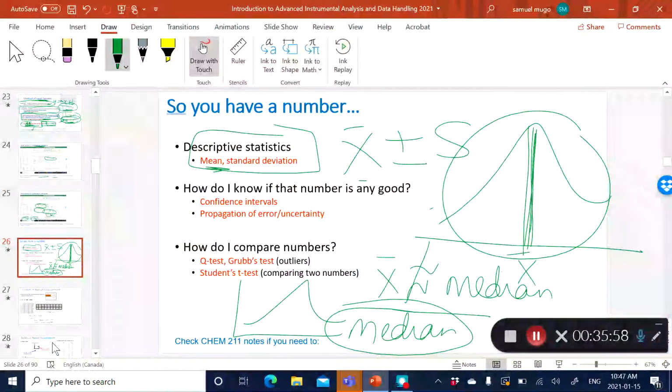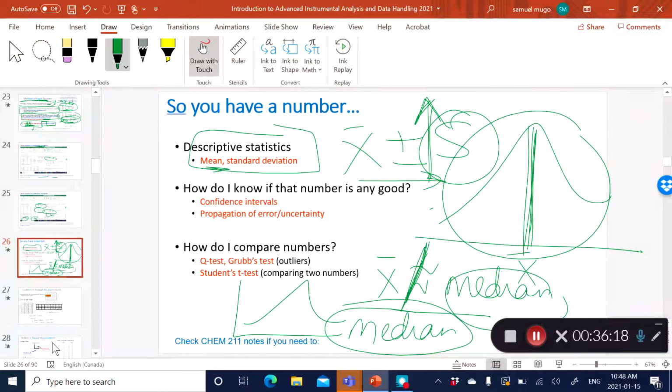This is especially important if the standard deviation is very large. If the standard deviation is very large, that means the distribution is quite not normal, and so you should actually report the median, okay?